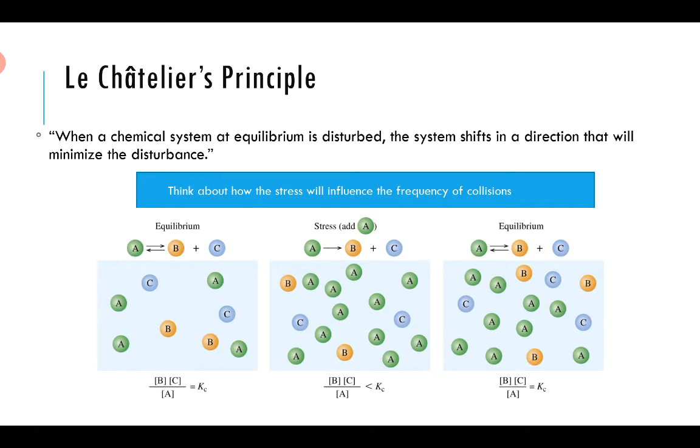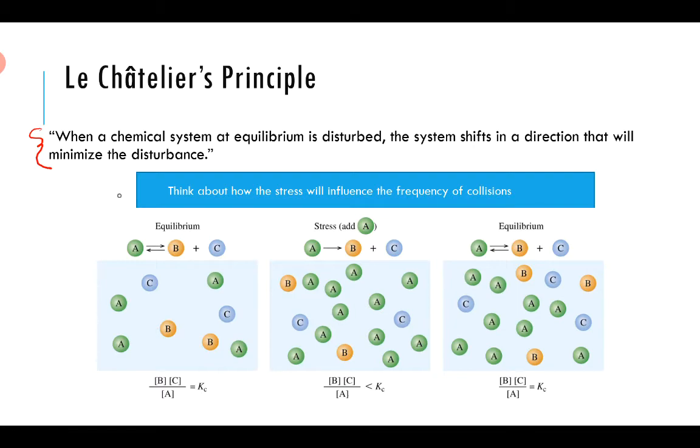And so this explanation of Le Chatelier's principle is the classic explanation, because they didn't really understand molecules or atoms or anything like that. And so it's kind of putting a personality on the reaction and trying to say that it's going to undo whatever you did to it.